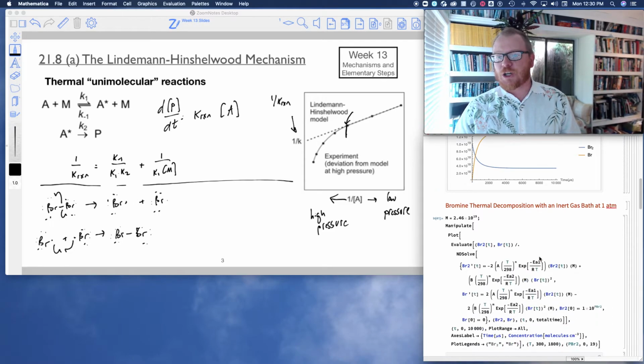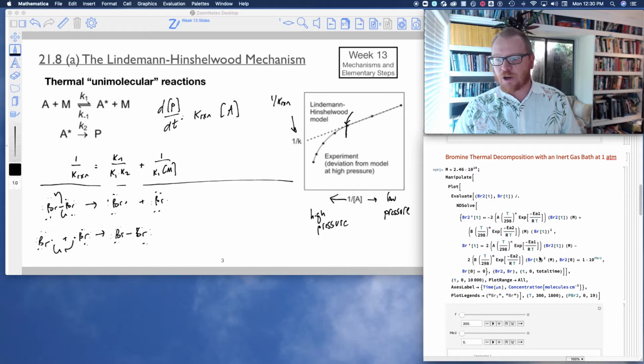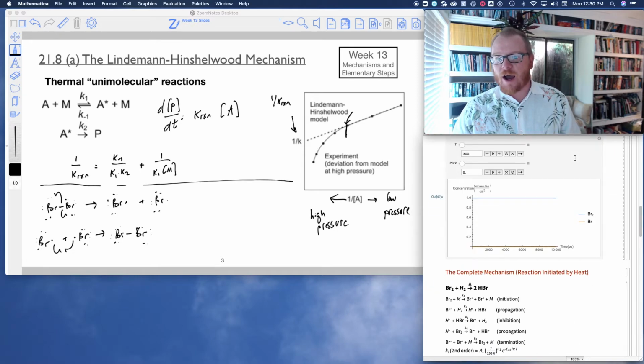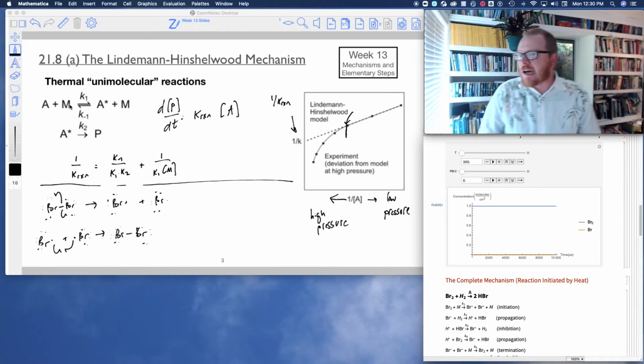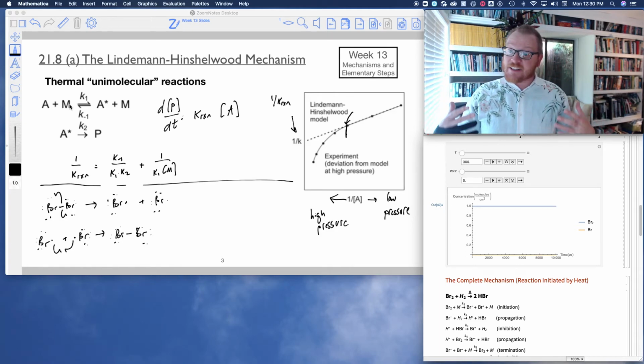Now I'm going to show you something that's entirely different. This is bromine decomposition with an inert bath gas at 1 atmosphere. Same reaction, except I've called M something like helium or argon, something that's not going to react. It can still act as a collisional body, okay?